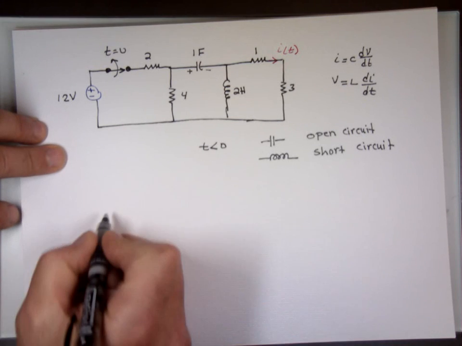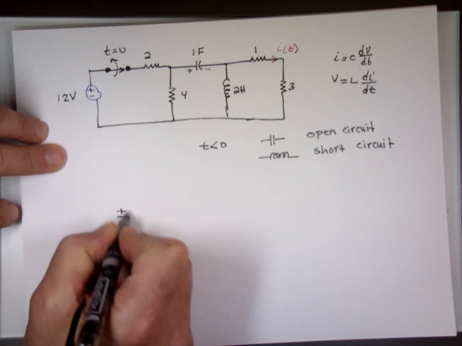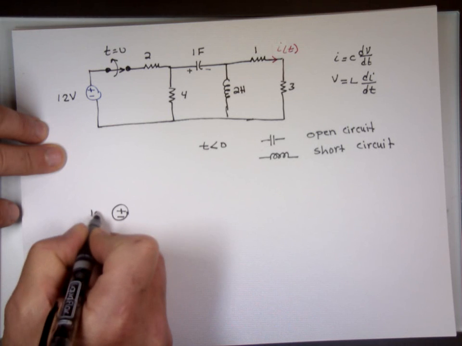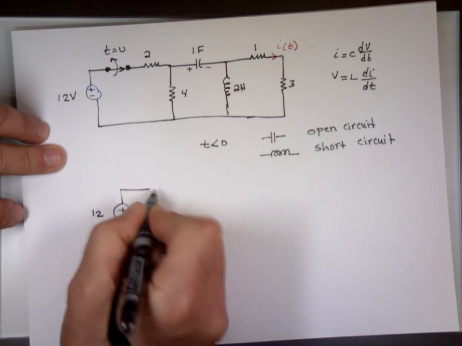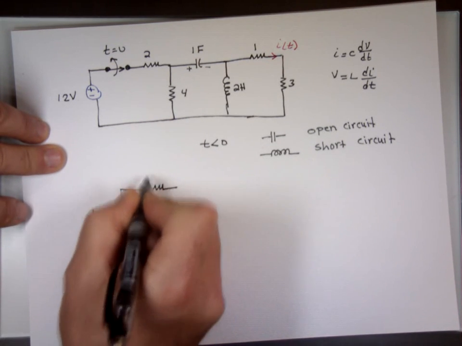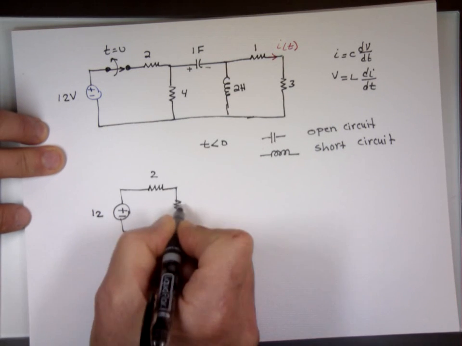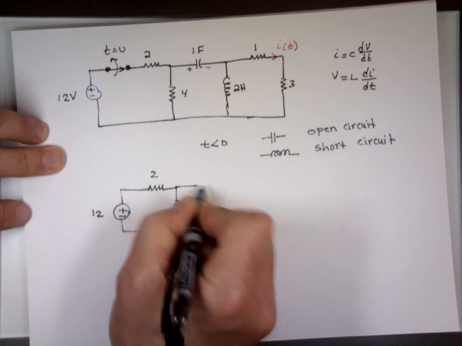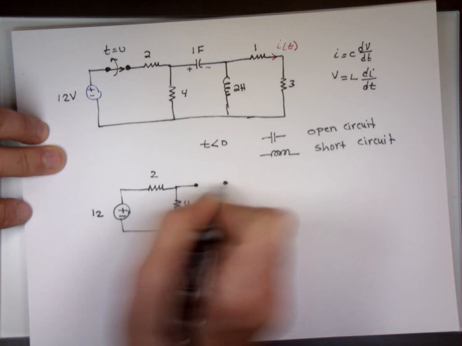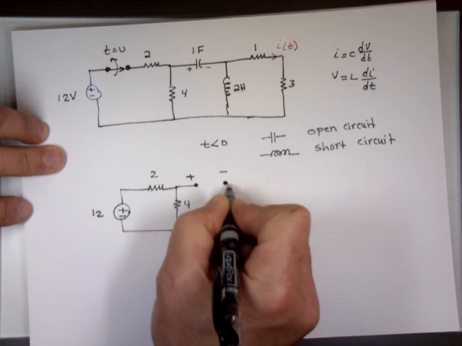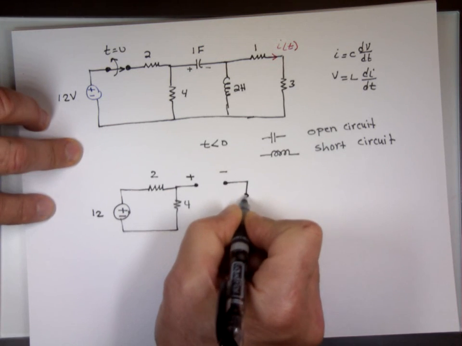So my circuit will look like this when I look at it. 12, 2, 4. This is open circuit. This is short circuit.